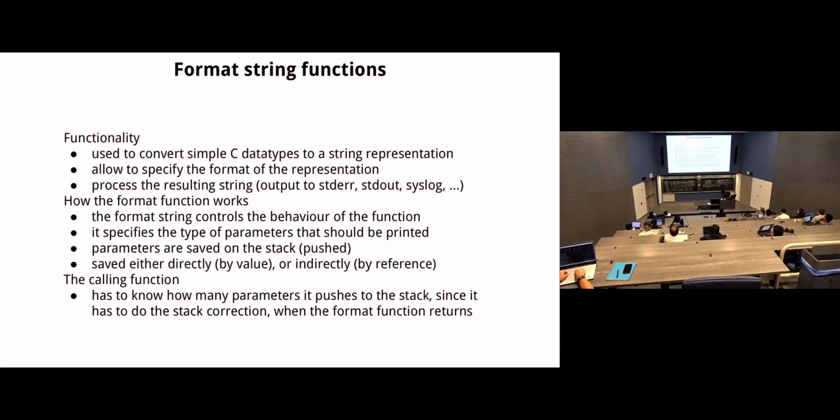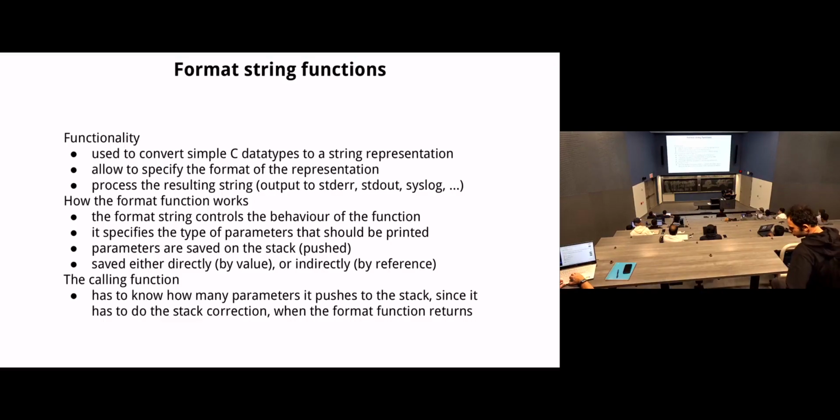Next we talk about what format string vulnerabilities are. Format string vulnerabilities obviously use something called a format string. The format string will convert C data types to a string representation. To do so, you will need the format string to specify the type of those data.